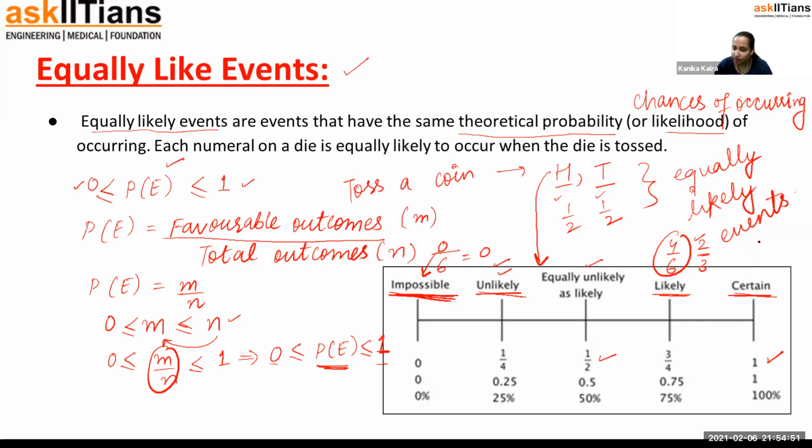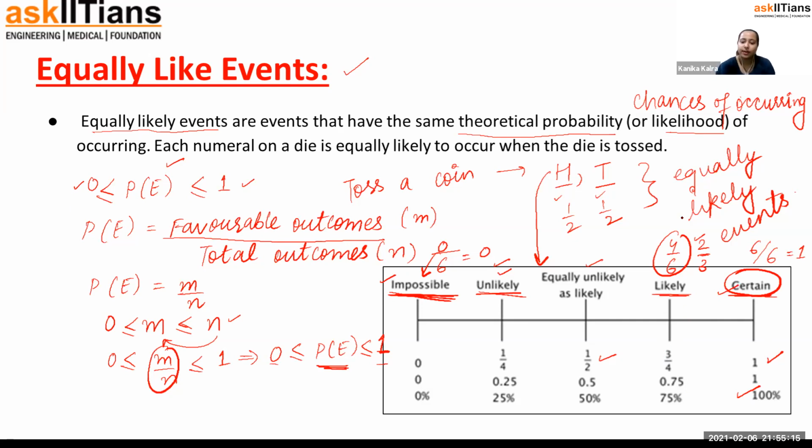So favorable outcomes are 6. Total outcomes are 6. So 6 by 6 becomes 1. So such events are known as certain events and probability is 100%. I hope this whole concept is fine and there is no doubt at all, because these impossible and certain events are really important from exam point of view as well.